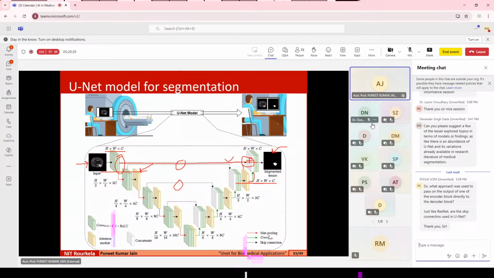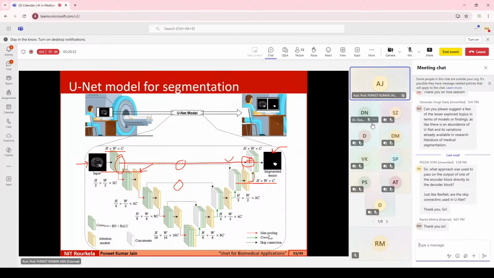I will not say it that way, because in the ResNet the skip connections are sequential, while here the skip connections are layer-wise. The skip connection from encoder layer 1 passes to the decoder layer at that particular level only. Of course, it is a good point to relate them, because the purpose is the same.